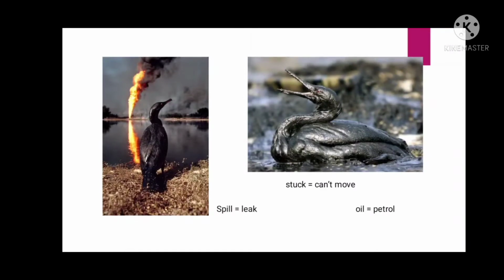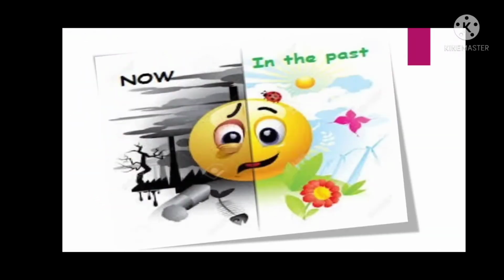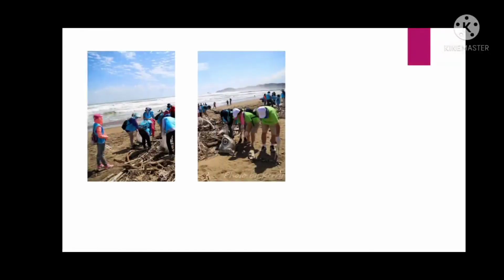So you can see here that in the past, our planet was clean, beautiful, green, etc. But now it is suffering, and of course, it's time for us to care for our angry Earth, which is not fine at all. It's time to stop our dangerous everyday actions to have a better life.